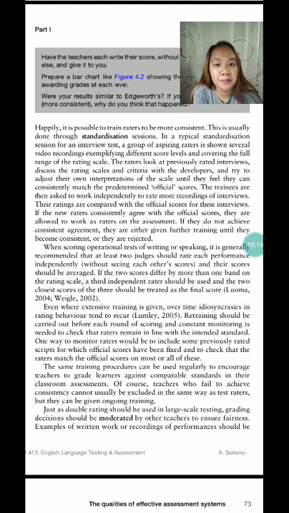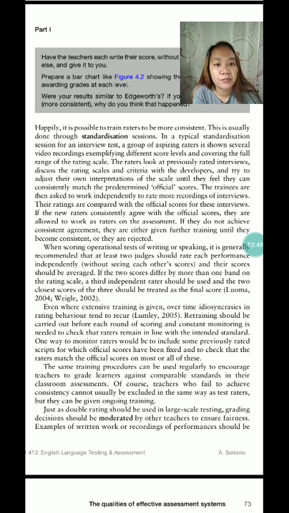Happily, it is possible to train raters to be more consistent. This is usually done through standardization sessions. In a typical standardization session for an interview test, a group of aspiring raters is shown several video recordings exemplifying different score levels and covering the full range of the rating scale.